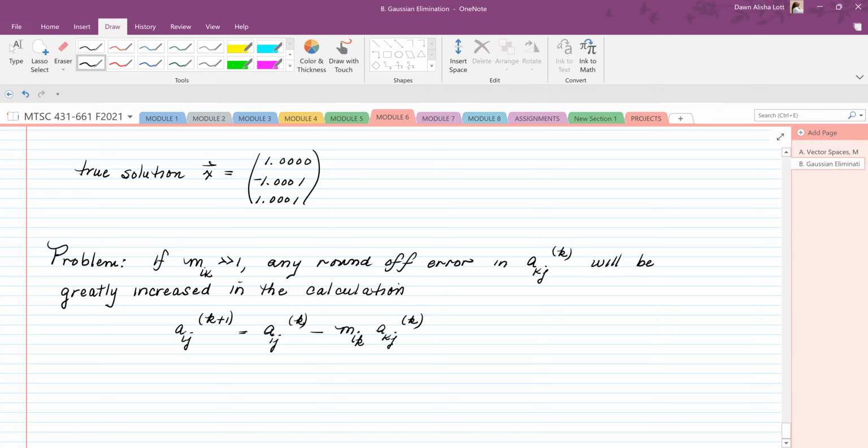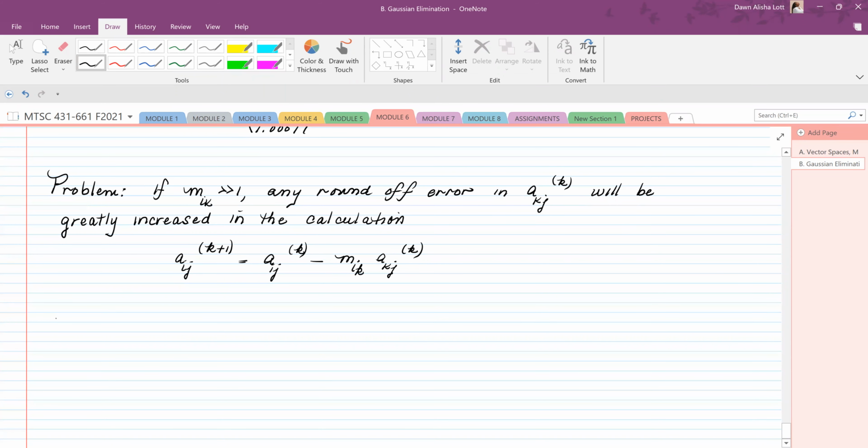All right, so what we'll do is partial pivot. So here's the fix, is to partial pivot.